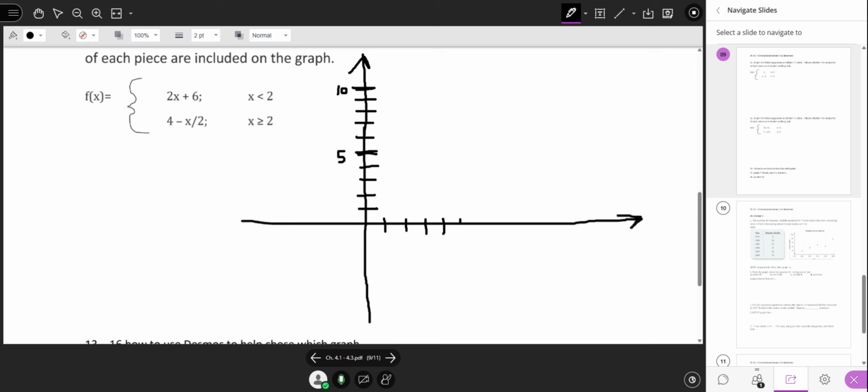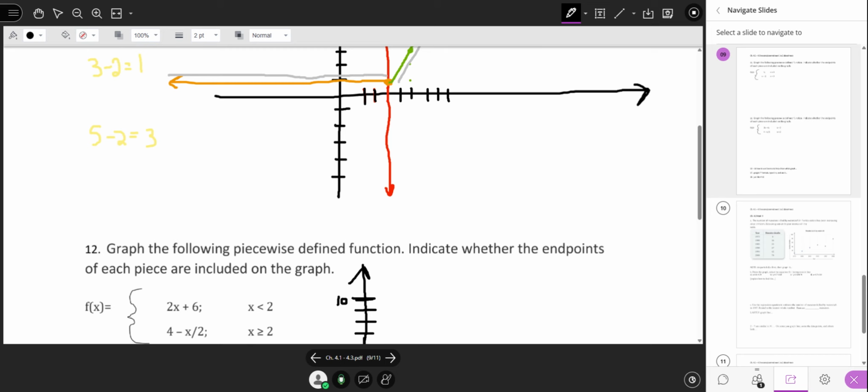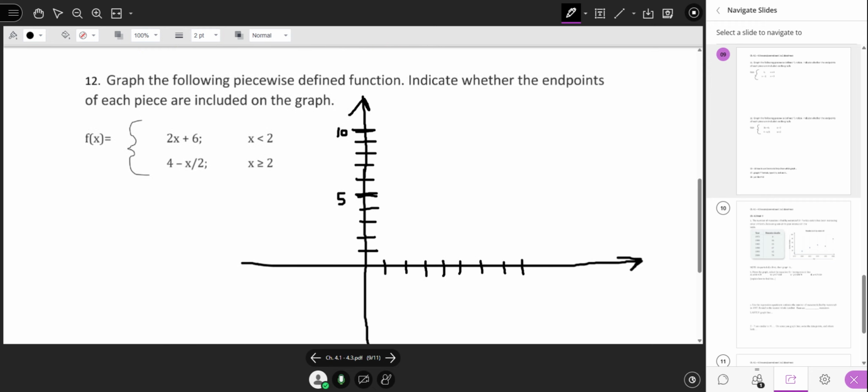So hang on just a minute, y'all. Oh, by the way, since both of these lines started, one ended and one started at the same place, I had to put a closed dot at that one spot. Something different happens here. Now, my dividing line is 2.